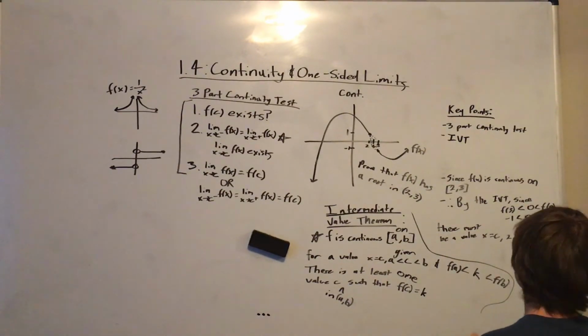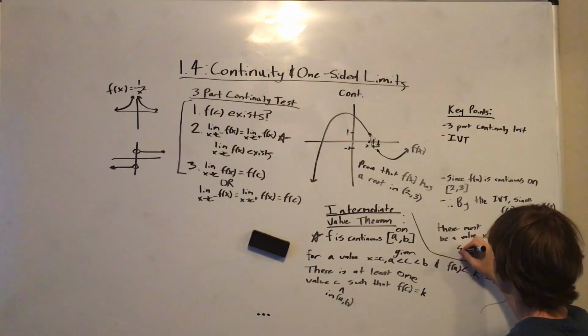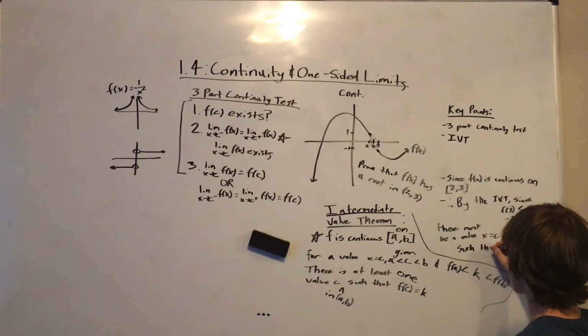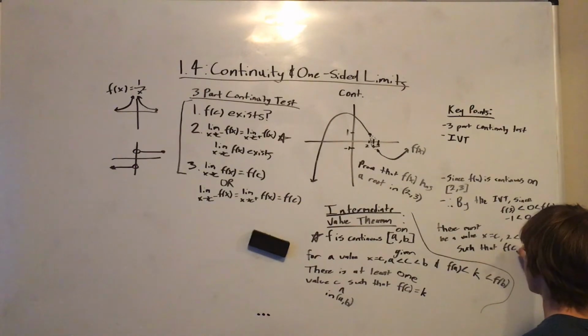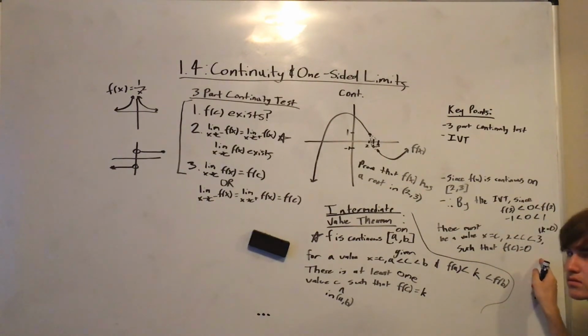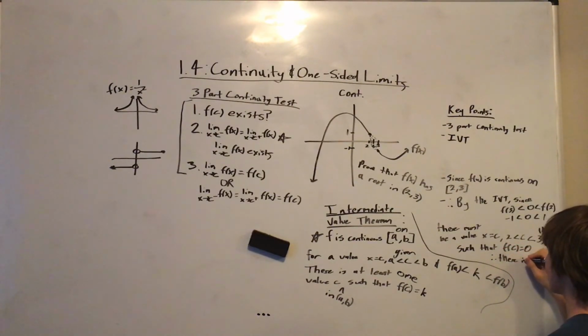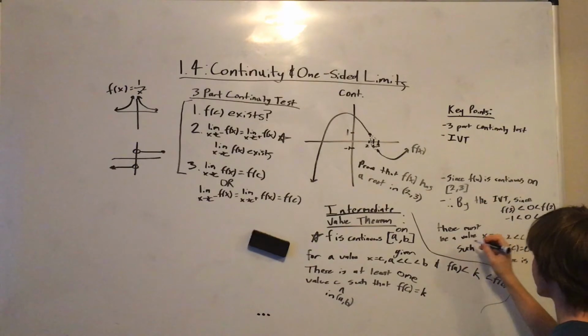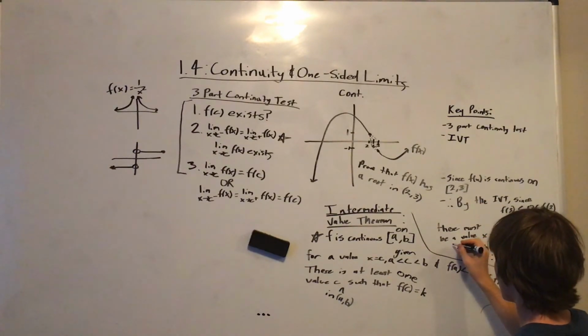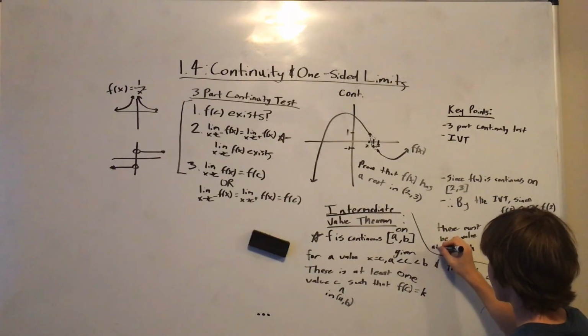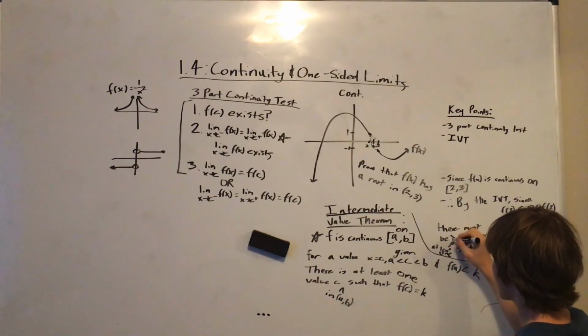There must be a value x equals c such that f of c is equal to 0. And if you have an f of c equals 0, therefore there is at least one root. I should say at least one, because there could be more than one.